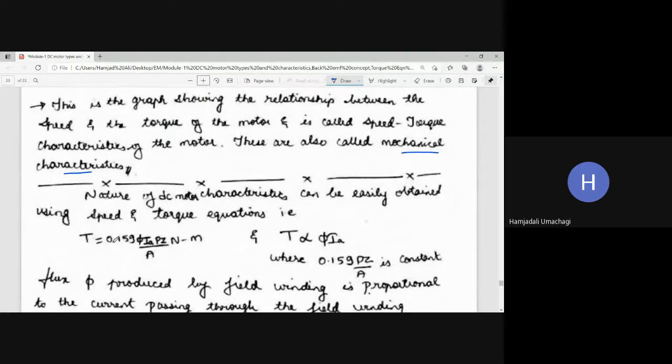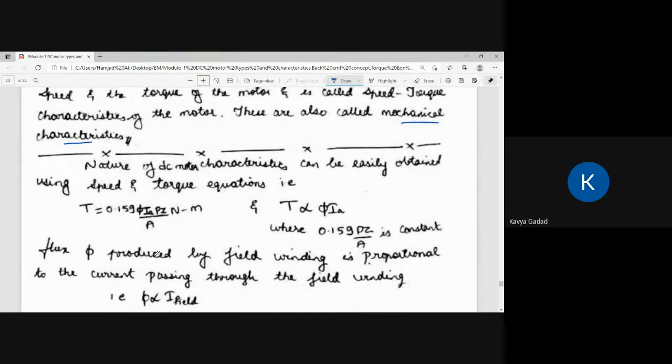So T is equal to 0.159 phi Ia PZ by A newton meter. And I told you that 0.159, P, Z and A are all constant. Which is the only variable quantity here? Flux into armature current. So torque is directly proportional to flux into Ia.